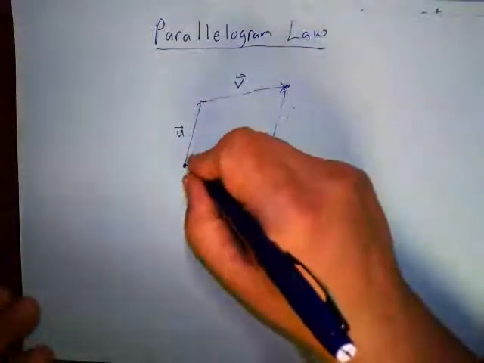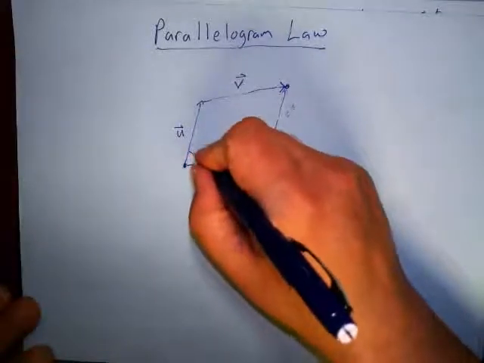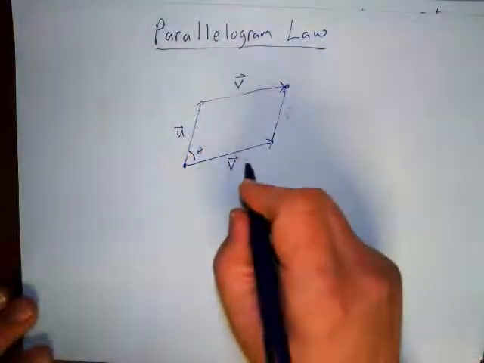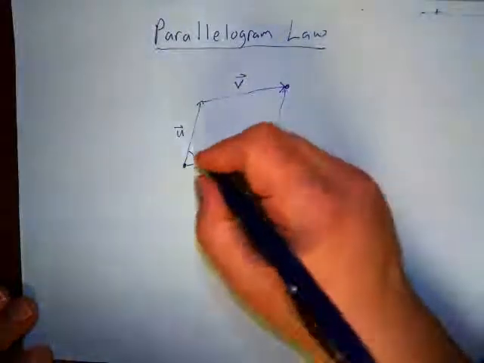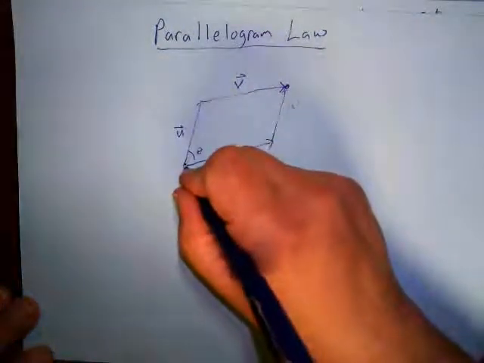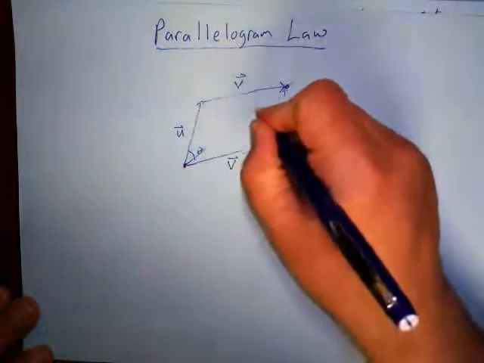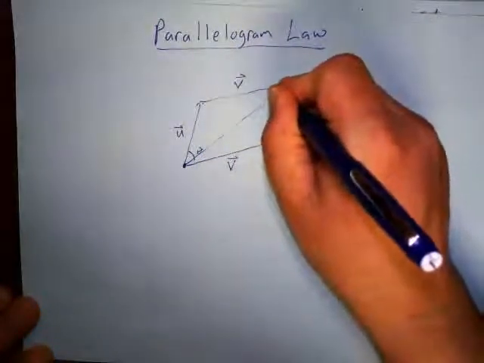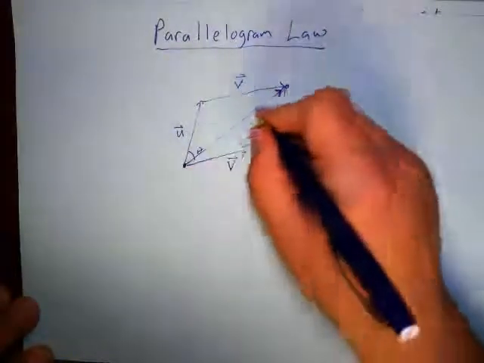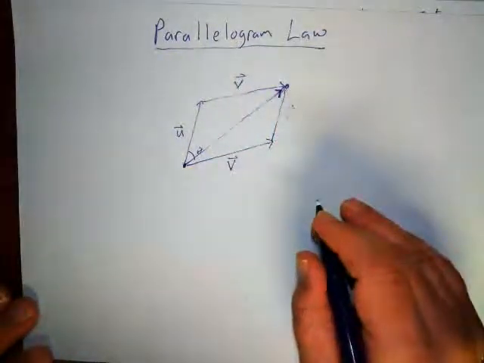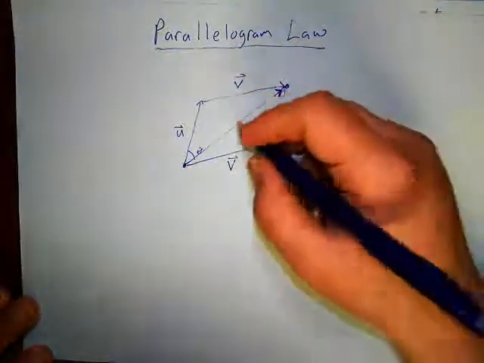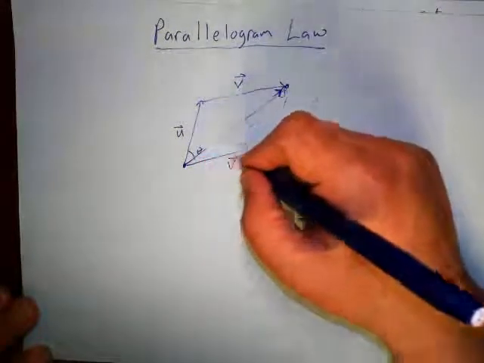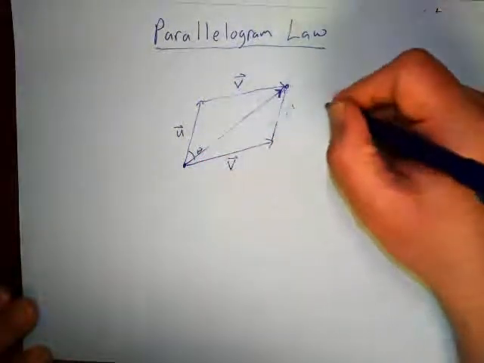So you're given this angle and these two sides, and the resultant vector here is actually the diagonal of this parallelogram.